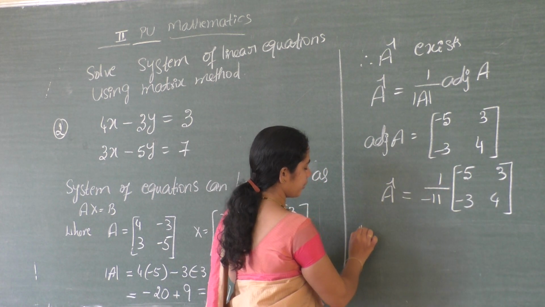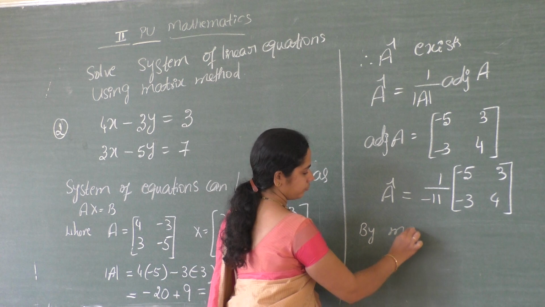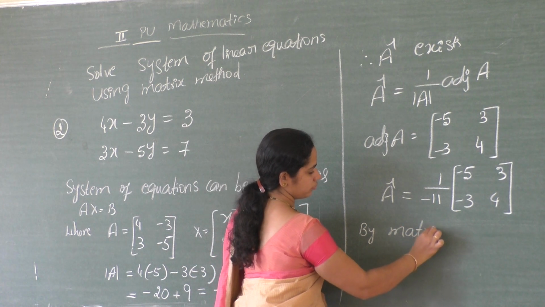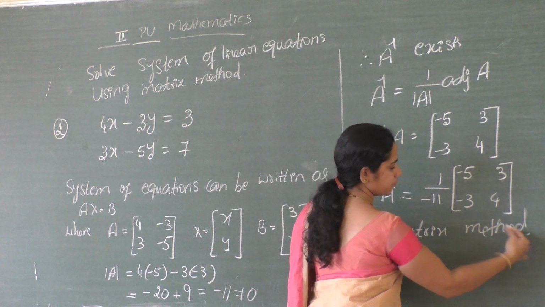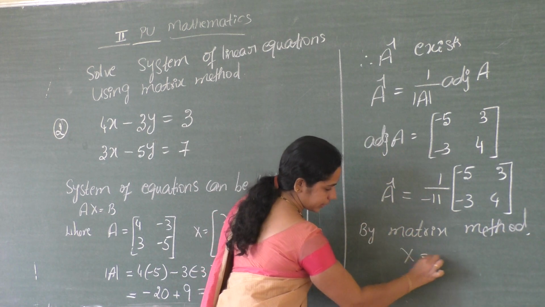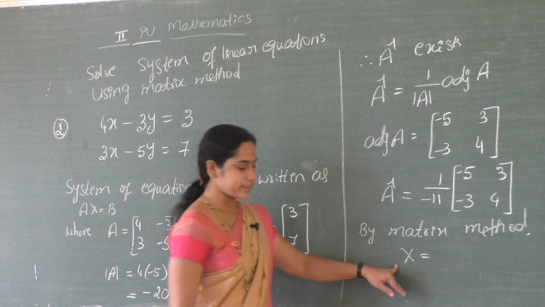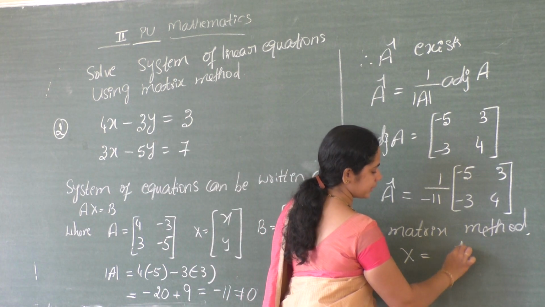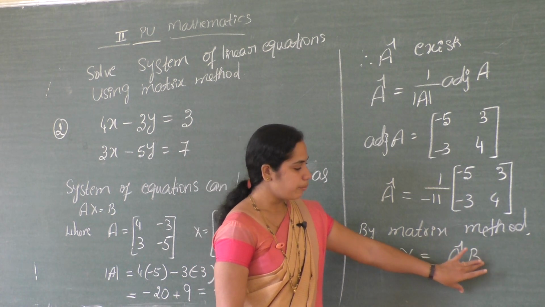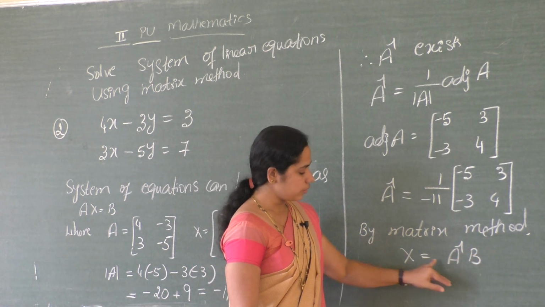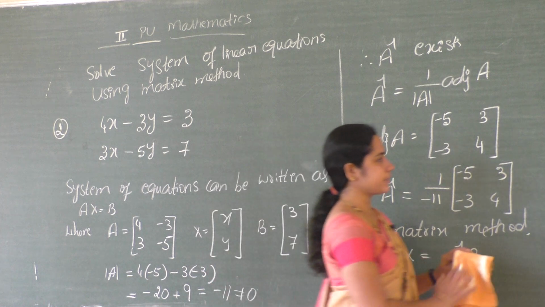So by the matrix method, what is the formula we have? By the matrix method we have x equal to A inverse into B. A inverse we have, B also we have, then we need to find x.